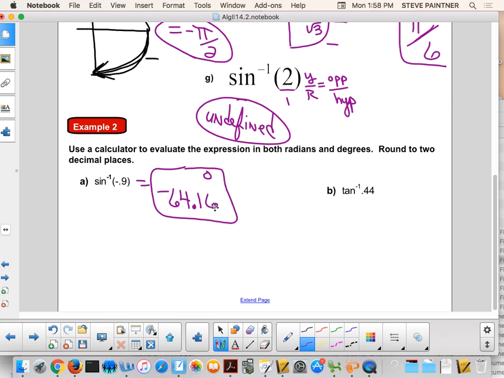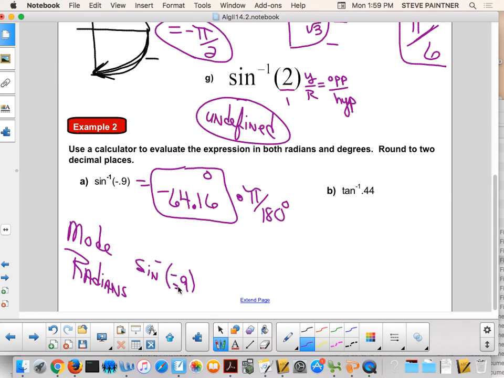Yeah. They want it in radians. What are you going to do? Convert it, times pi over 180. Two ways you can do it. Or the other way is change the mode of your calculator to radians, and then type it in again. Okay, the answer was 1.12.